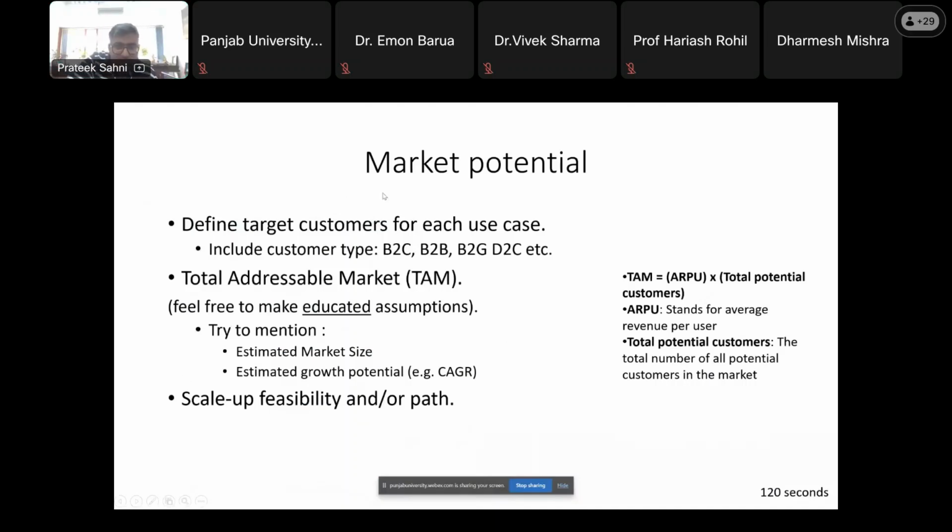So, like I was saying, market potential is possibly crucial information for a business to be able to make decisions on whether or not to license your technology, right? For that, you define your customer base, the target customers.